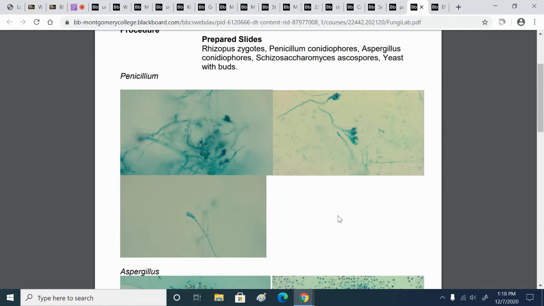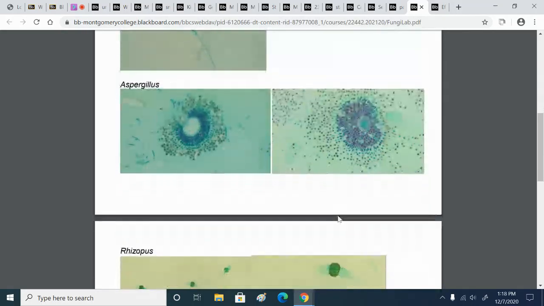The Aspergillus is very easy to recognize because it kind of looks like a flower. And the conidiophore of Aspergillus is larger than Penicillium, and it forms a ball, kind of like a puff ball. And this is a slice of that puff ball that has been stained. And we can see it's loaded with spores.